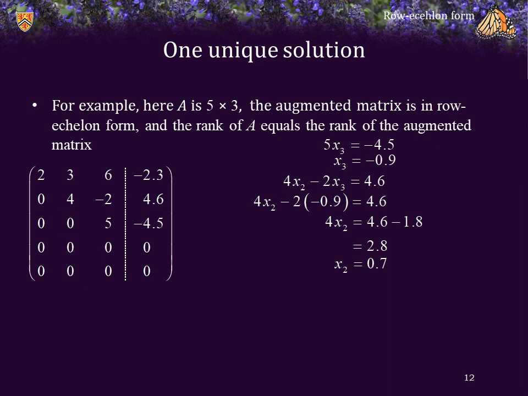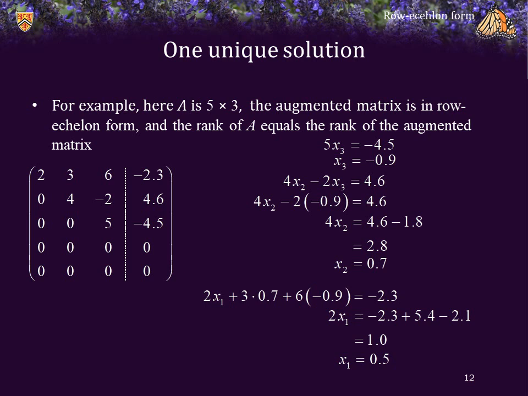Finally, looking at row 1, substituting in both x3 and x2 into the equation defined by row 1 gives us this equation here, and calculating the constants and subtracting them from both sides, we get that 2 times x1 is equal to 1. Dividing both sides by 2 gives us that x1 is equal to 0.5. Thus, our solution vector is the vector we see here.